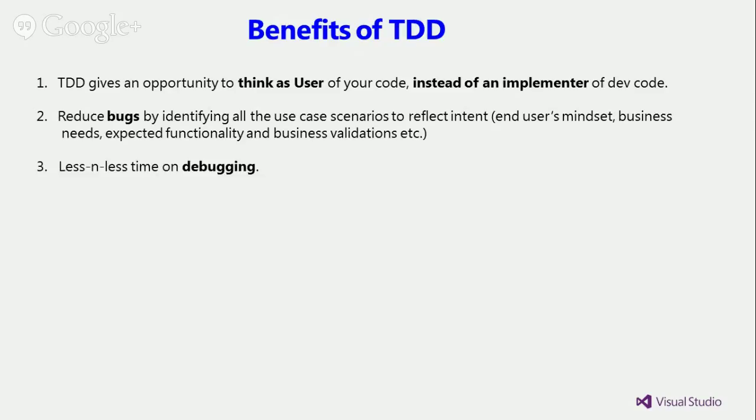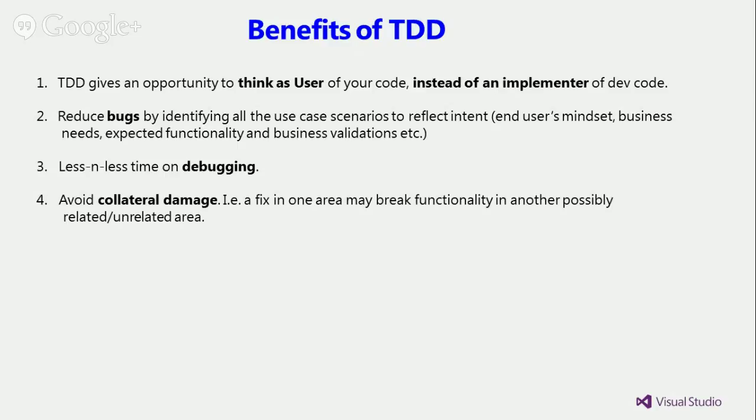Once you are following TDD, you spend less and less time on debugging, because I have seen myself when working on waterfall methodology that devs normally code things, hand it over to QA, and then QA finds some bugs which developers have missed to some extent. That happens very often. So you spend less and less time on debugging because your code is really bug proof, I would say, to some extent.